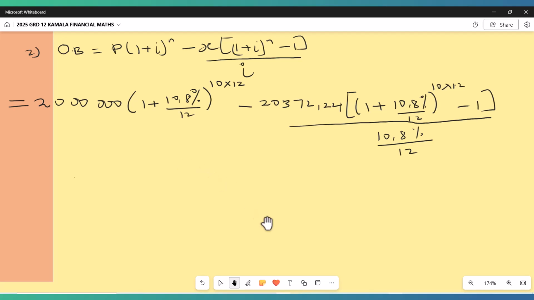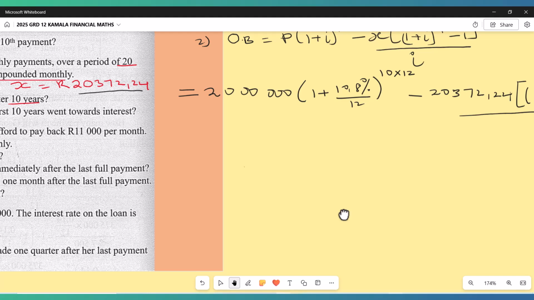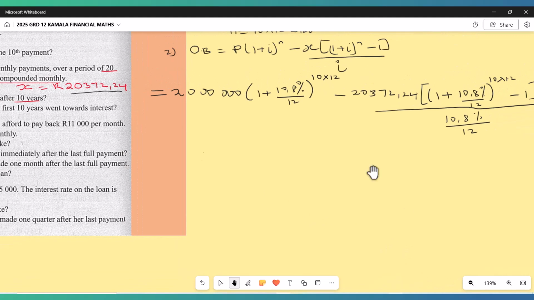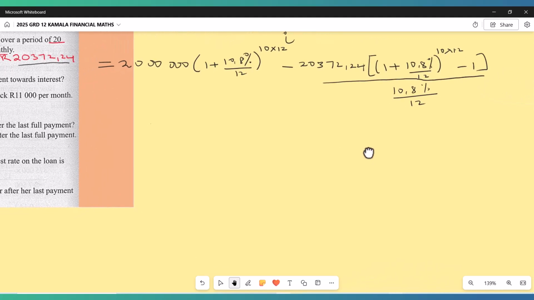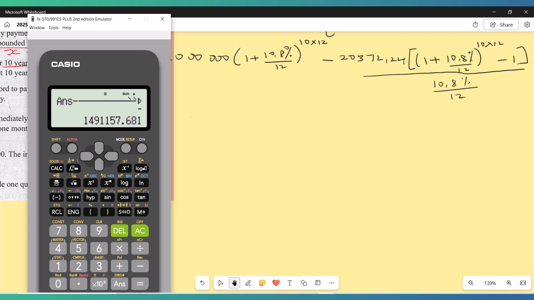So here we go with our calculator. Let us do it together and you see how it works. Let us punch it in together. Here we have the 2 million, multiplied by open bracket.